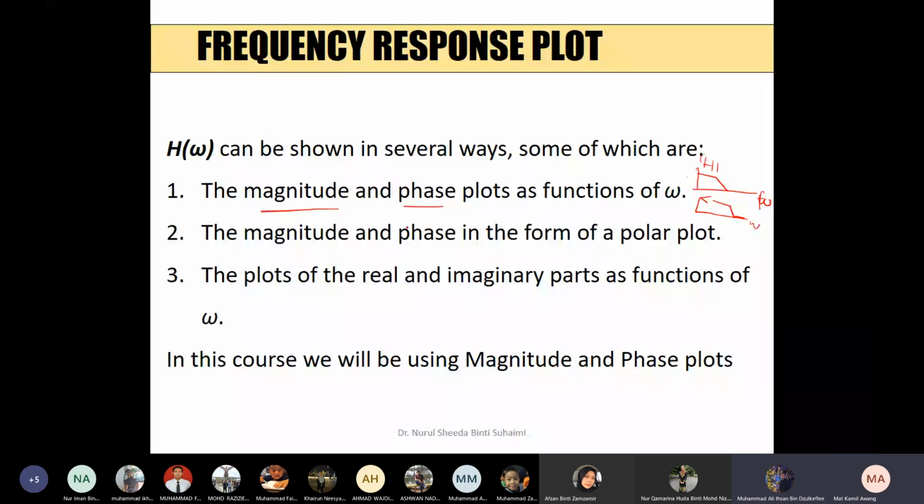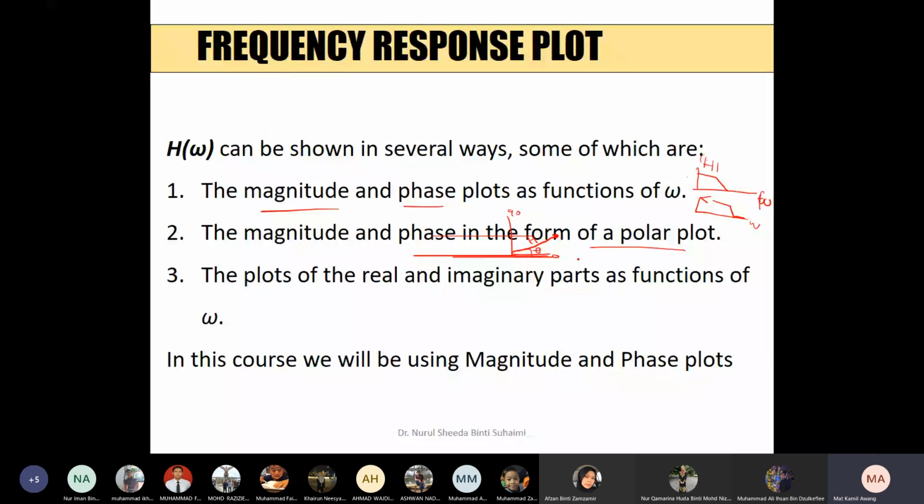So the magnitude and phase in the polar plot can be shown in the form of, let's say this is 0 degrees here, and this is 90 degrees. So let's say if it's 45 degrees, it's in the form of a vector. The length of the vector is the magnitude, and this is the angle theta.